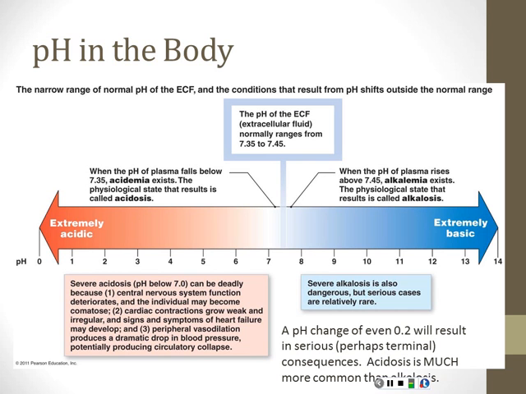So there's not much room for difference. And it's because the proteins in our cells that make our cells work are very pH dependent. Because if you change the pH around a protein, the protein changes shape. And as we've seen in a couple of different places, protein shape is really what makes proteins work. So we have this very narrow range and we defend it very vigorously.